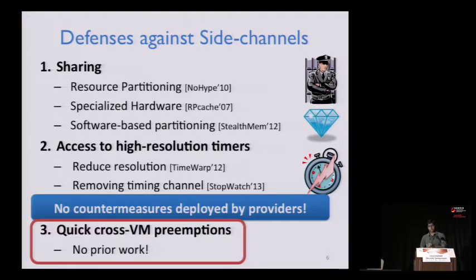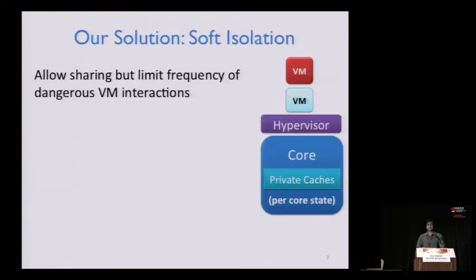In this talk, we're going to focus on how we can handle quick preemption and not allow quick preemptions for an attacker, and do this and still remain easily deployable for the cloud provider. Particularly, we introduce a new principle called soft isolation, where we allow sharing, as opposed to hard isolation, but limit the frequency of potentially dangerous cross-VM interactions which may leak secret information.